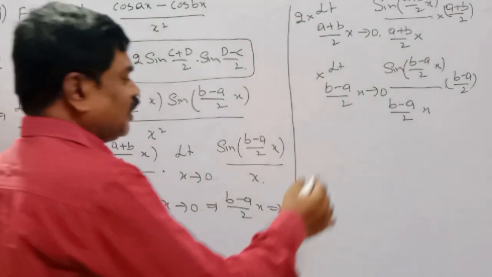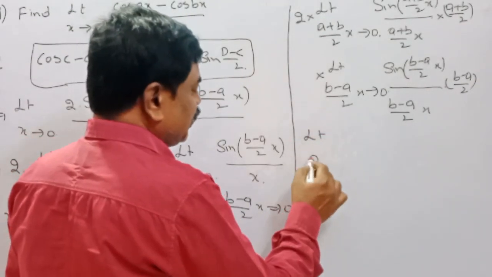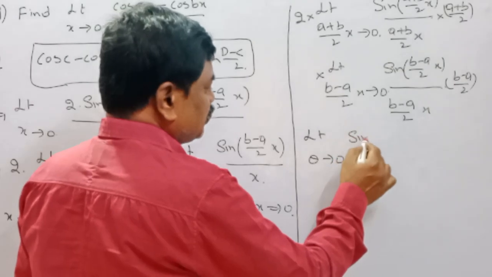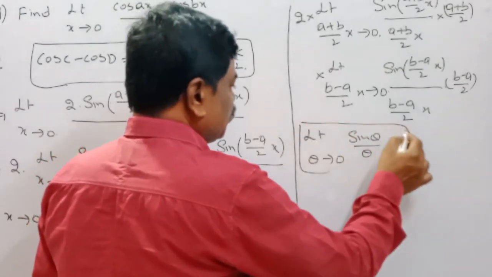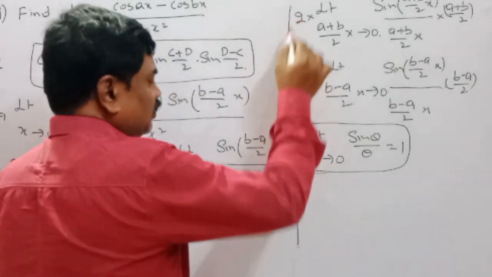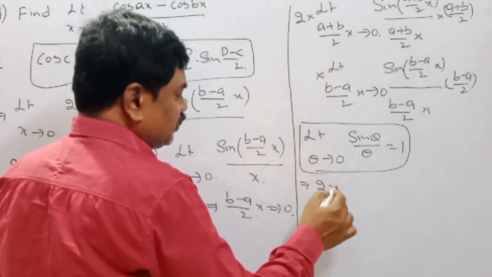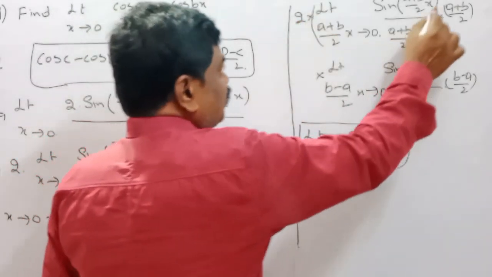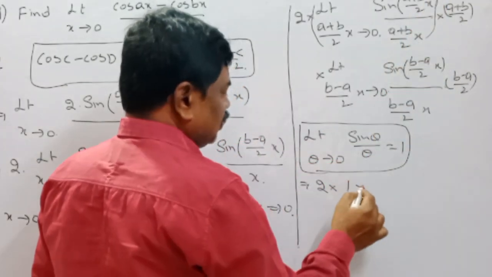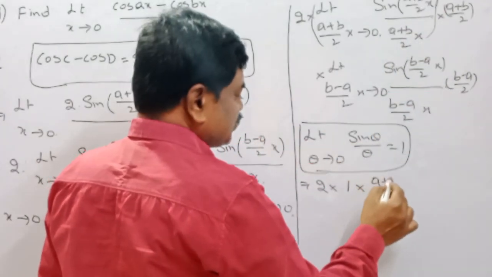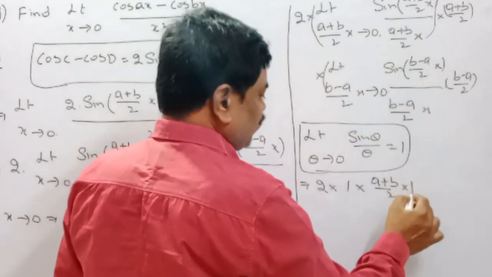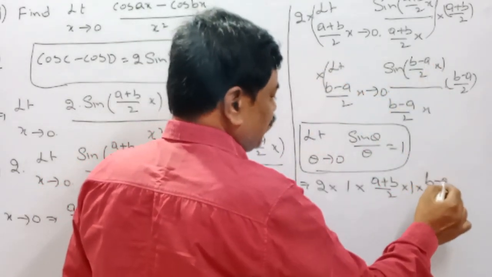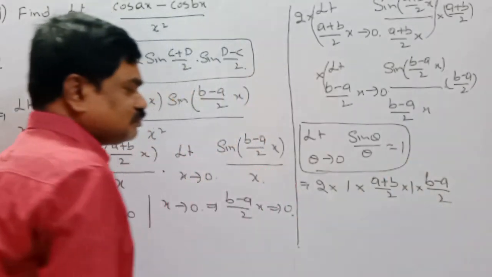So here we know that limit theta tends to 0 of sin theta by theta is equal to 1. By using this formula, this is 2 into this total value becomes 1 into (a plus b) by 2, into this total value becomes 1 into (b minus a) by 2.